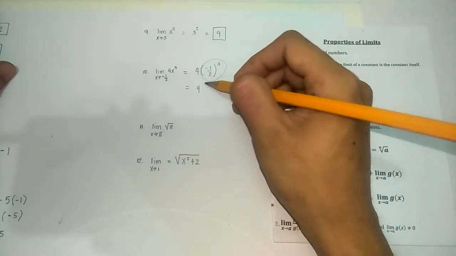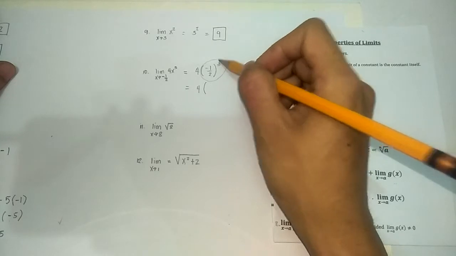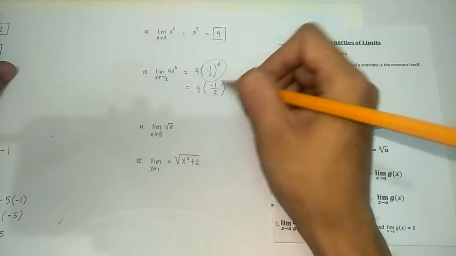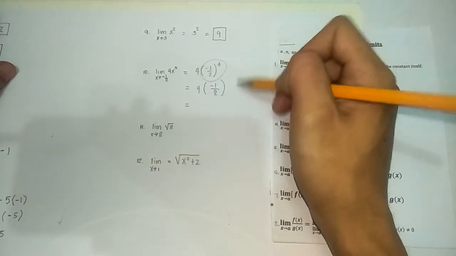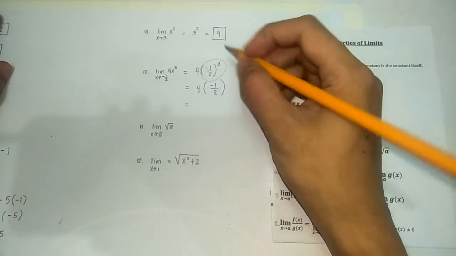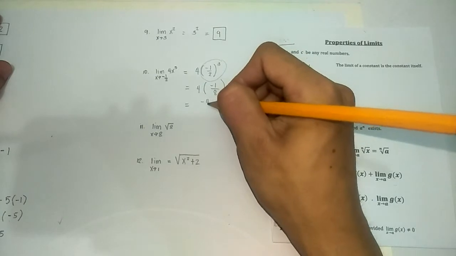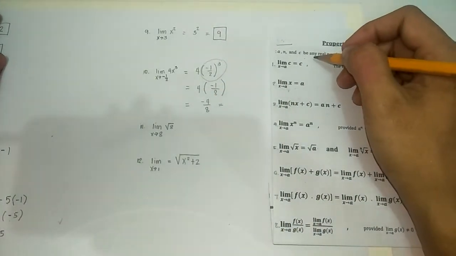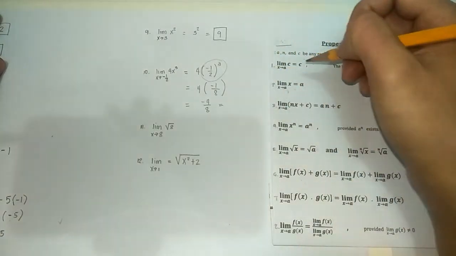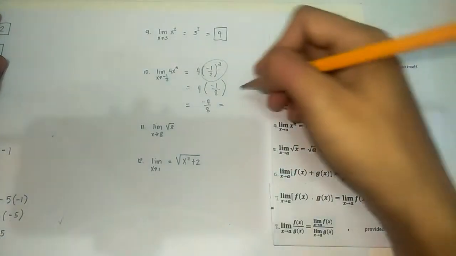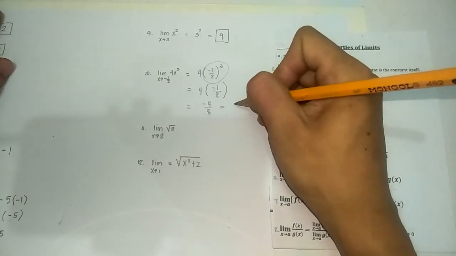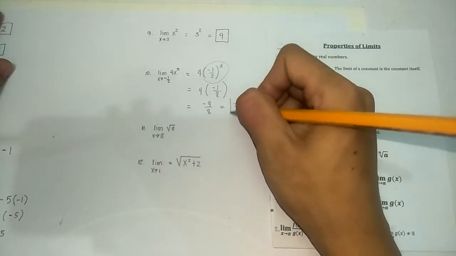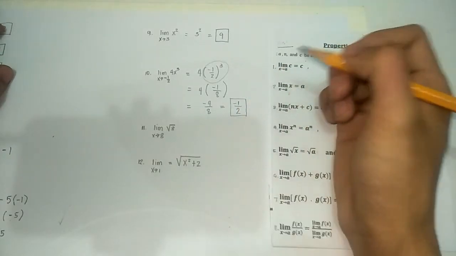We have 4 multiplied to negative 1 cubed, that is negative 1, and 2 cubed, that is 8. Then we directly multiply 4 times negative 1, that is negative 4 over 8, and then negative 4 over 8 will be divisible by 4. So negative 4 divided by 4, that is negative 1, and 8 divided by 4, that is 2. So our limit is negative 1/2.